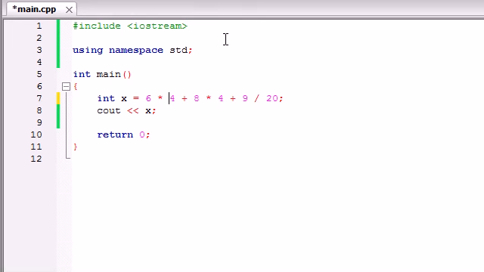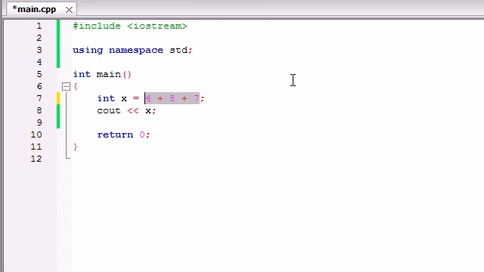It does all the multiplication and division, which would be this, this, and this. It's going to do that first, and then it's going to do your addition and subtraction. If you just have like 4 plus 8 plus 7, you're saying, alright, is it going to do 8 plus 7 first or 4 plus 8 first? It really doesn't matter. It comes out the same either way.